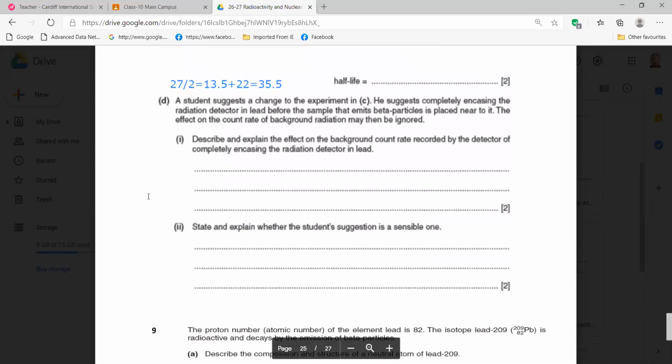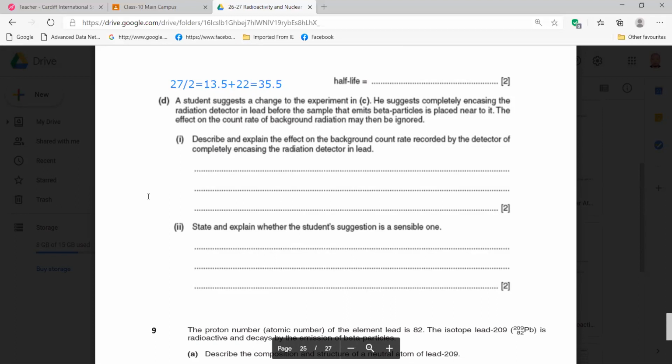D1. Yakin, you read D. A student suggests a change to experiment C, which is completely encasing the radiation detector in lead before the sample that emits beta particles is placed near it.